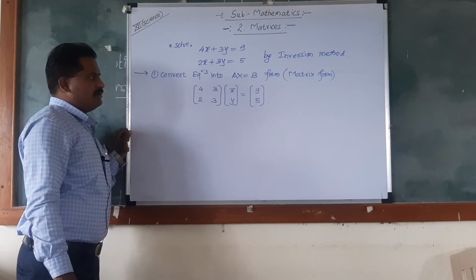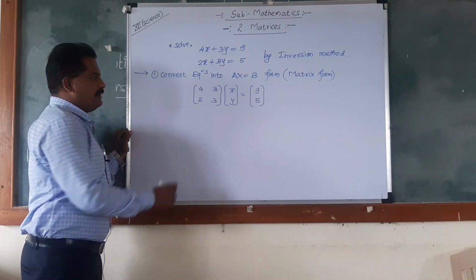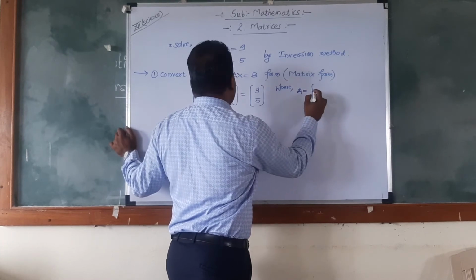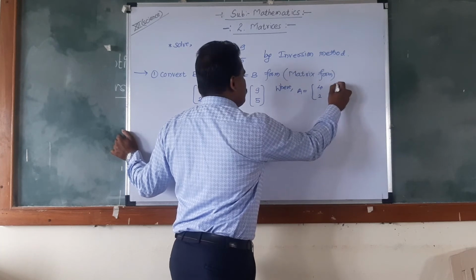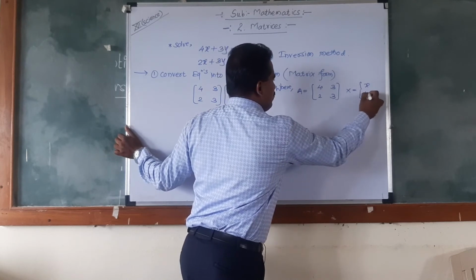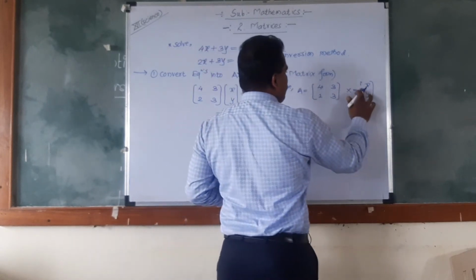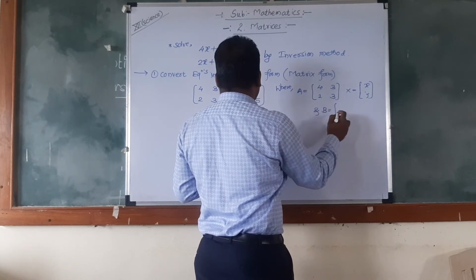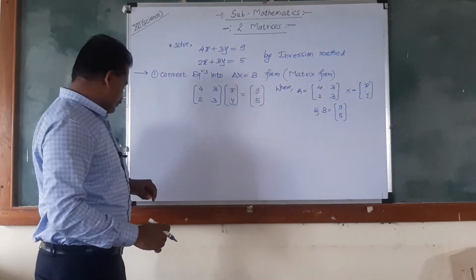Where A is equal to [4, 3; 2, 3], X is equal to [x; y], and B is equal to [9; 5].